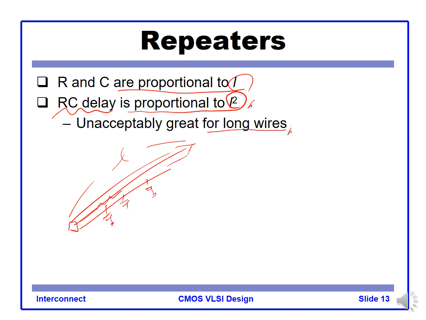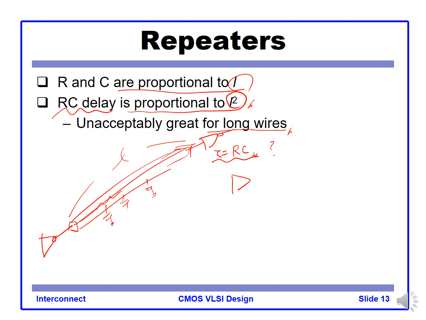So we have to take into account how to reduce the delay time constant. For example, we have an inverter driving this long line.